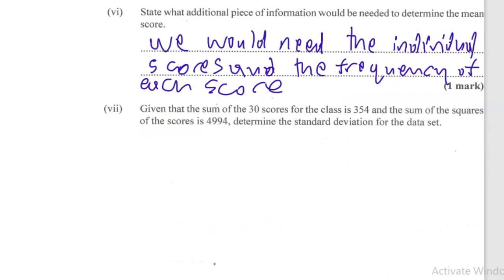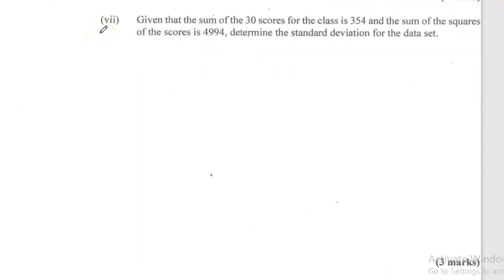Next, the sum of the scores for the class is 354, and the sum of the squares is 4994. So what we are given here is n. Let's make some jottings.